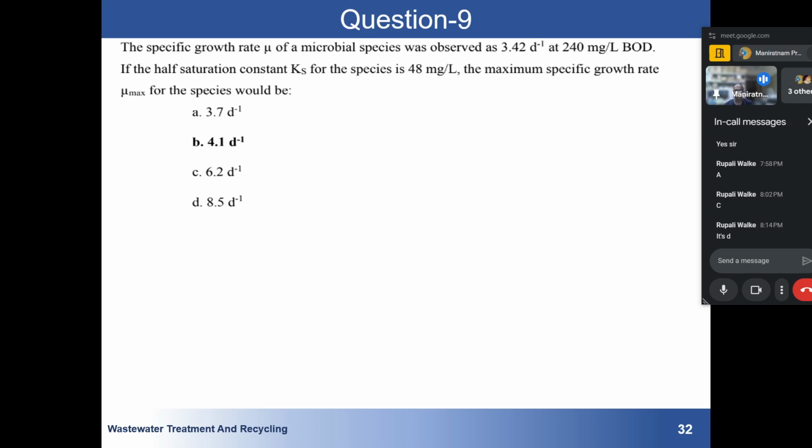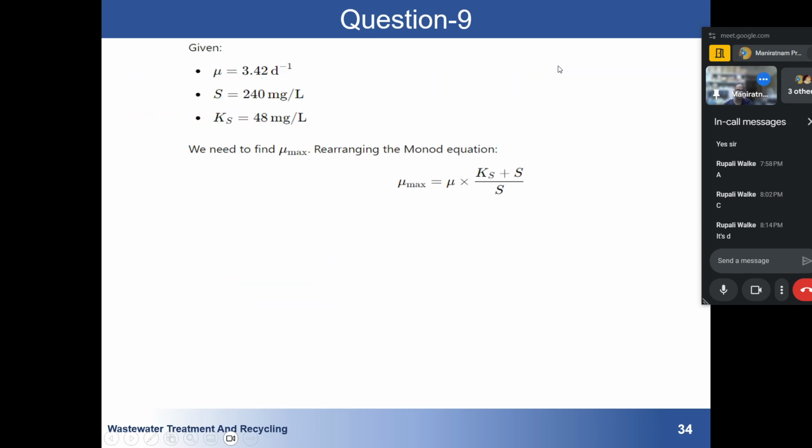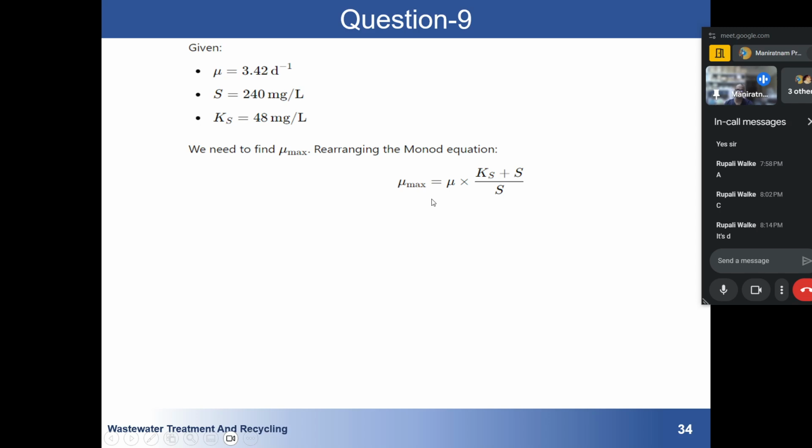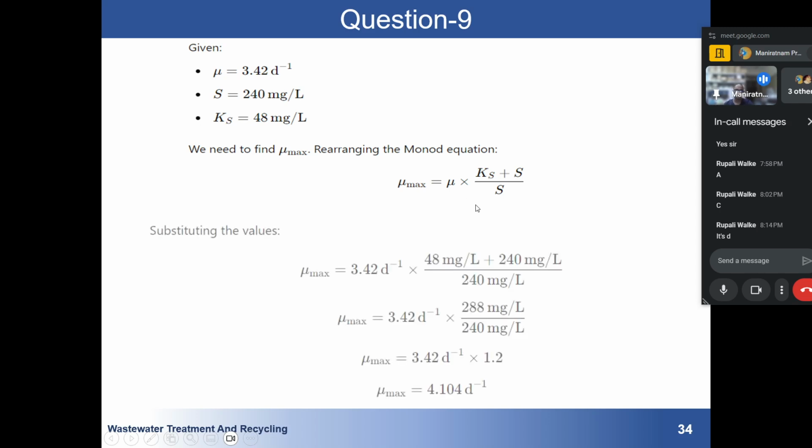So here mu is given, s is given, Ks is given, and you have to find mu max. We know the formula is mu is equal to mu max times s divided by Ks plus s. So we will just rearrange it, put all the values, and after solving we will get mu max is equal to 4.1 per day. Just remember the unit of this mu is per day.